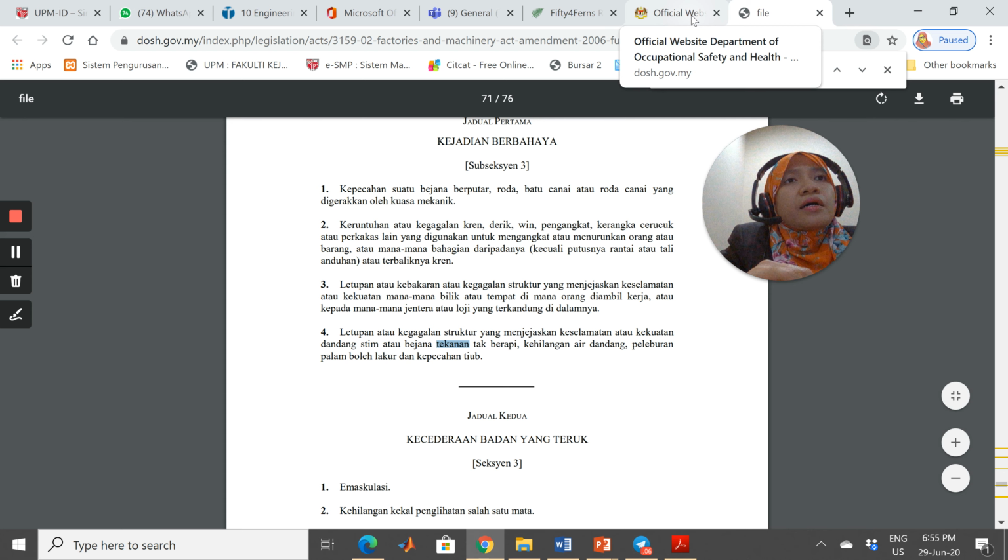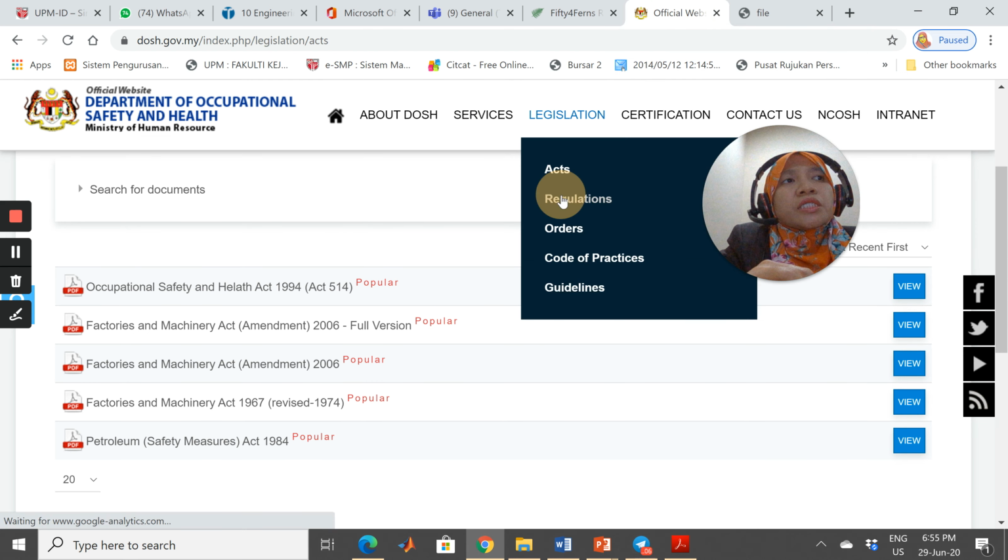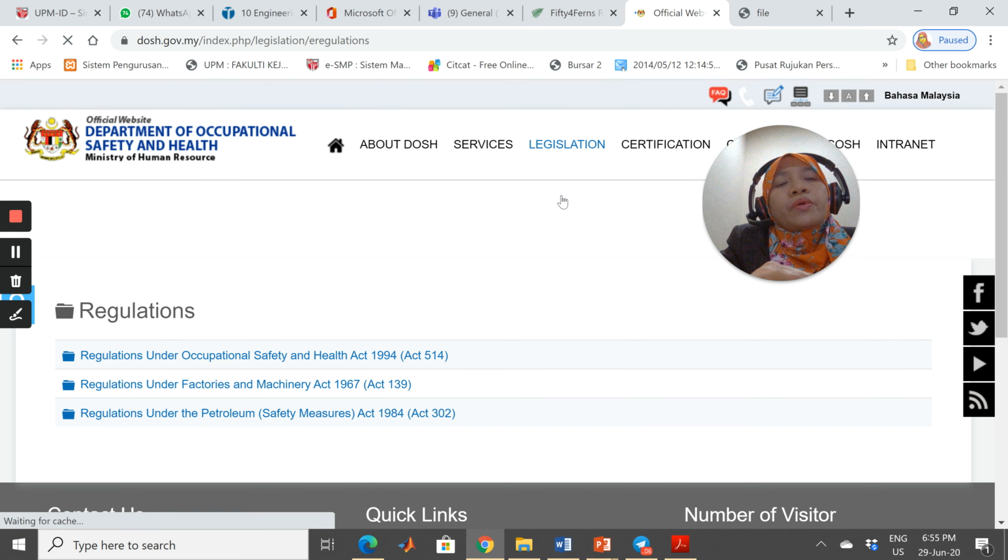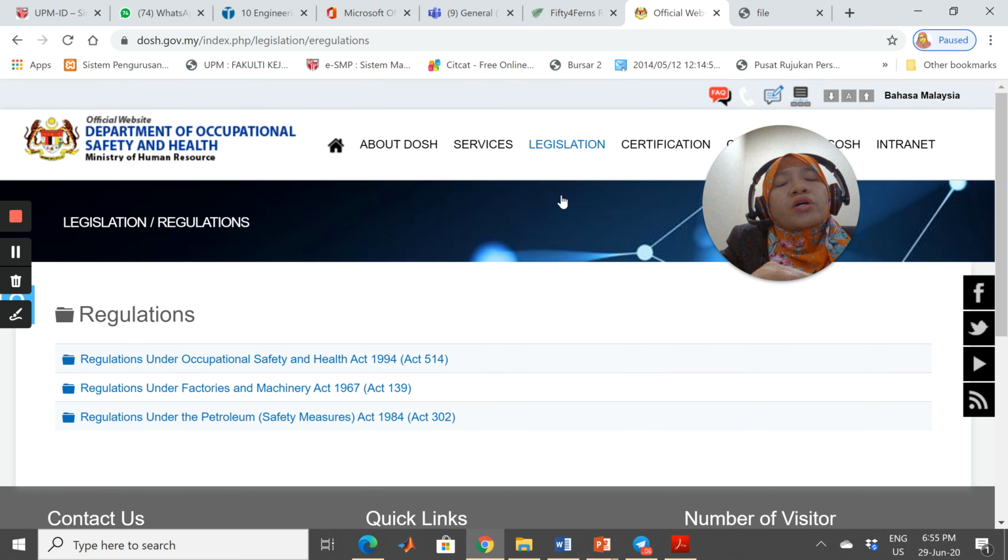Let's look under regulations. I browsed through this to show you where you can find information on pressure vessels. This is the legislation requirement for pressure vessels, in other words the requirement for you to design pressure vessels properly. If the authority finds that an accident happened due to a wrong or improper design of the equipment, you can get a penalty under this act.